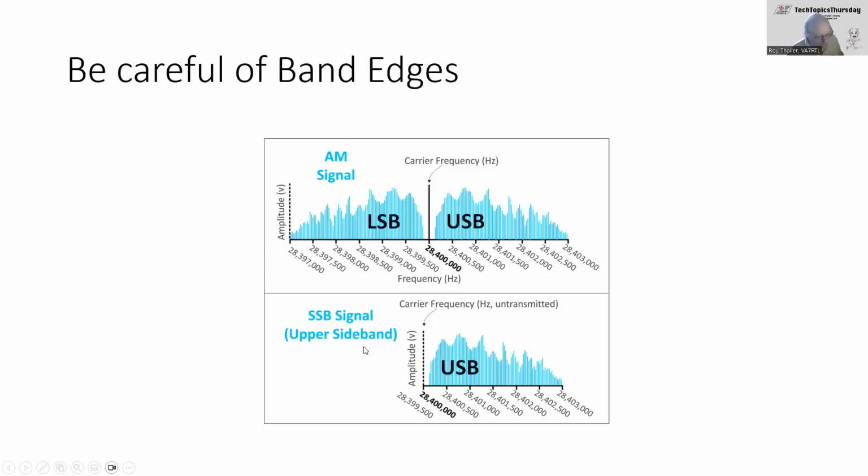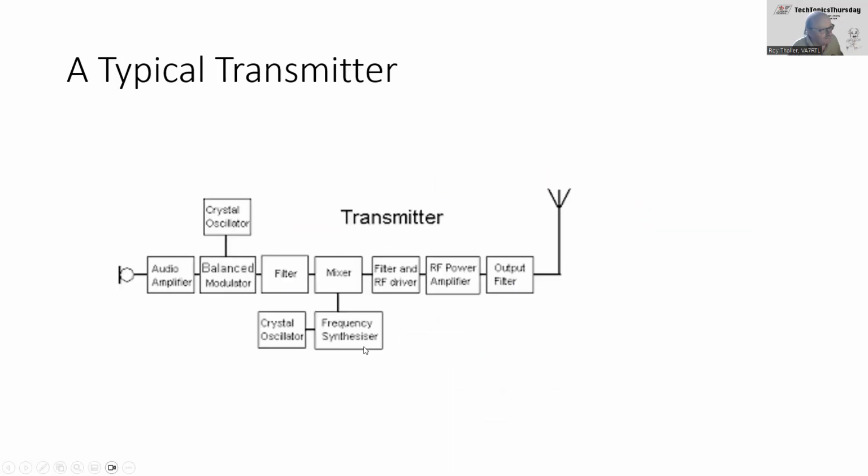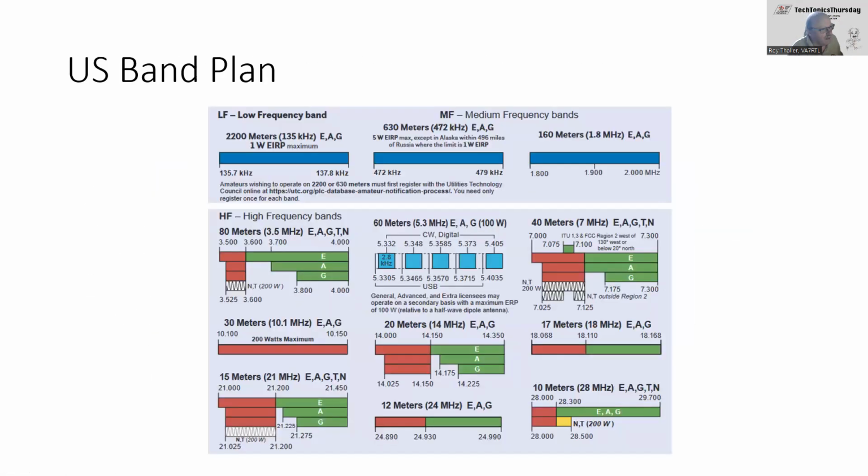Let's say, if we go back here, if you're operating right at the edge of the band plan, up here at 29.7, and your signal goes out here, then you're actually interfering with some other band up here, and it's outside of what you're allowed.